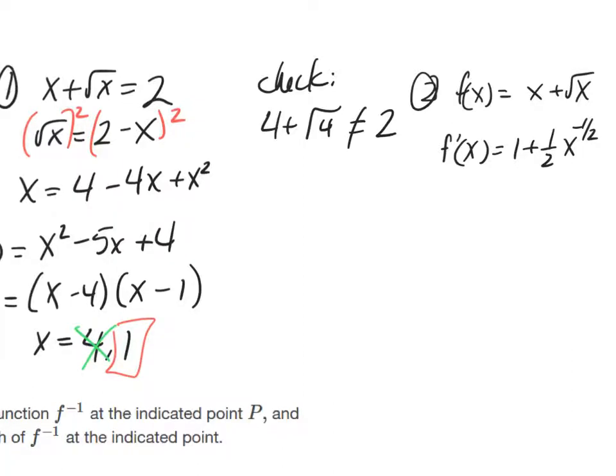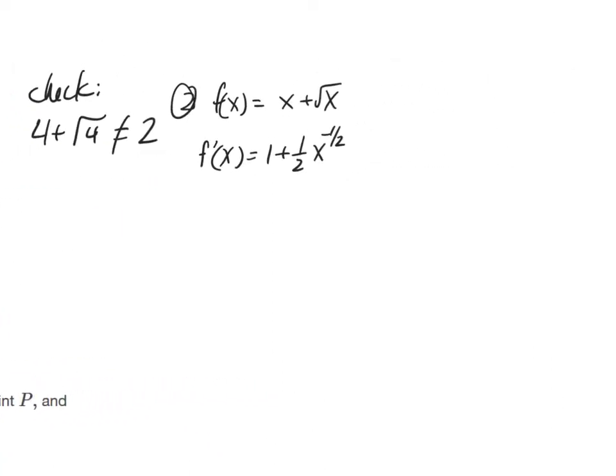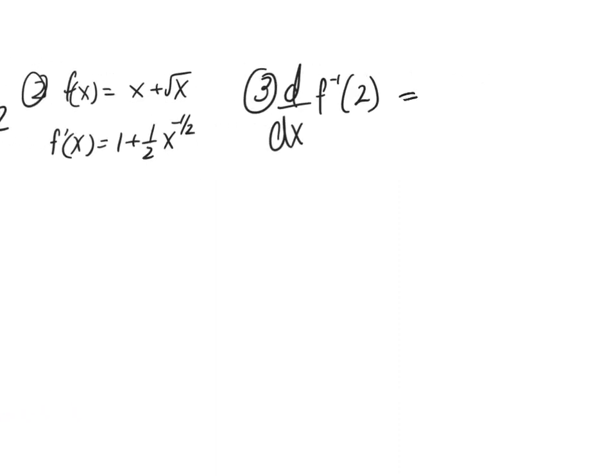Now the last thing I do is put it into that form, which is d/dx of my inverse evaluated at a, which happened to be 2, is equal to 1 over the derivative of my function evaluated at 1. Evaluated at 1, because that was the x value that produced 2.